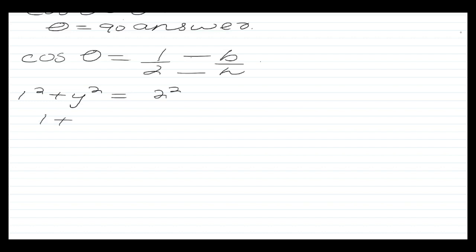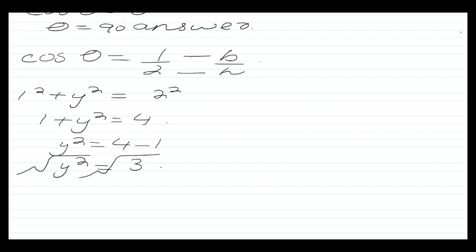So that will be 1 plus y square being equal to 4, and y square will be equal to 4 minus 1, or simply y square is 3. So we will take the under root on both sides and we will write y is equal to under root 3. So we found the value of y along with x and the hypotenuse.